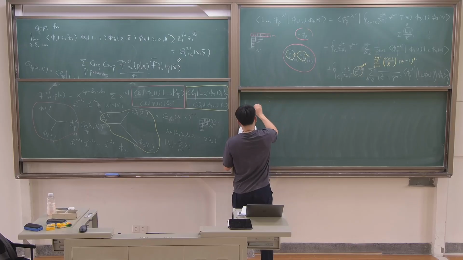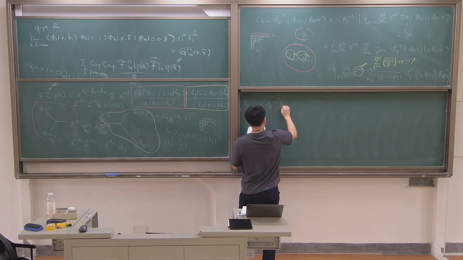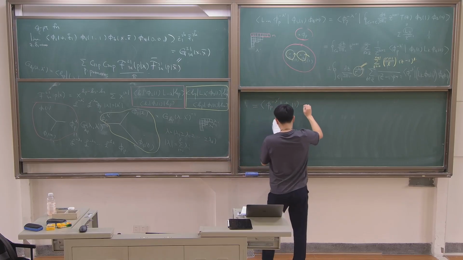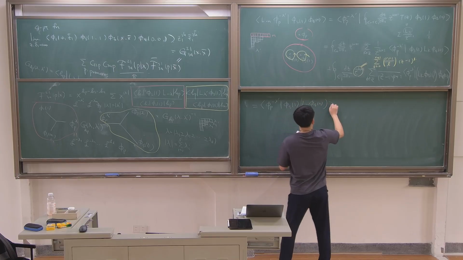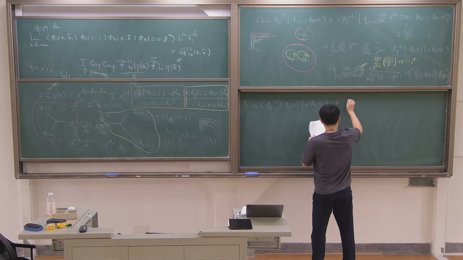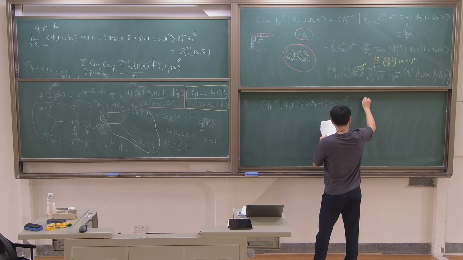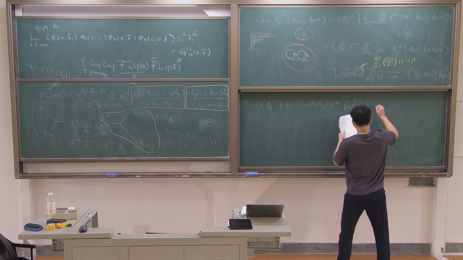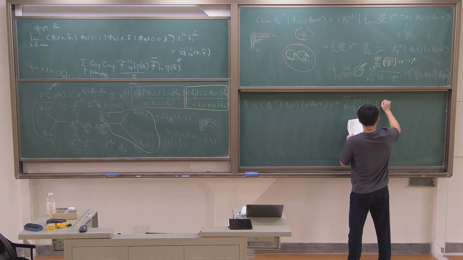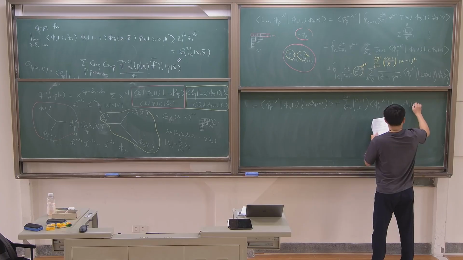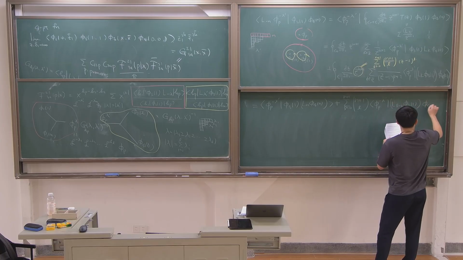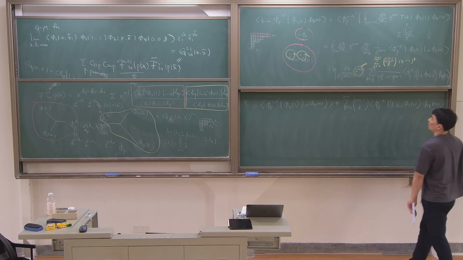So this one is equal to the sum, with L prime, and then L_n acting on phi 4 and 0, plus, okay, like this.